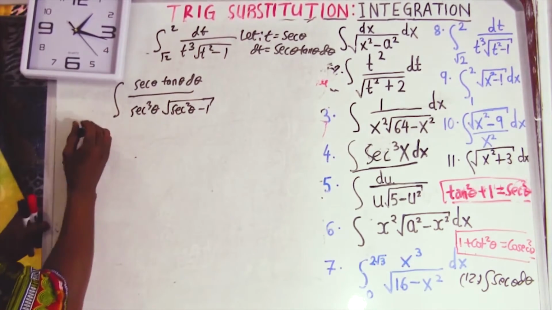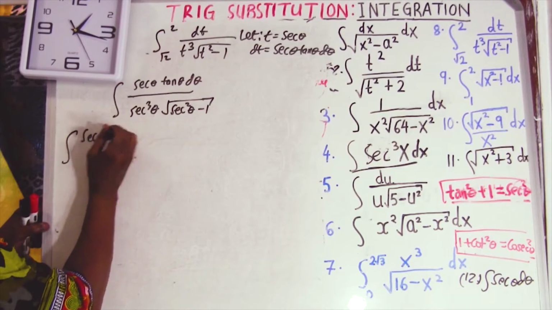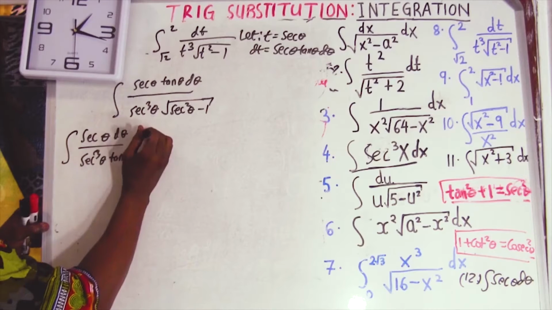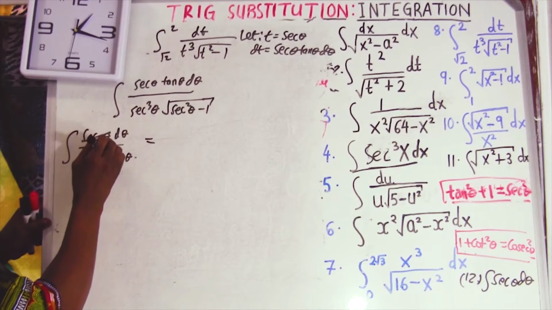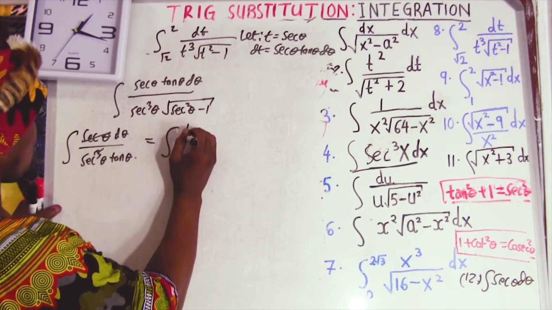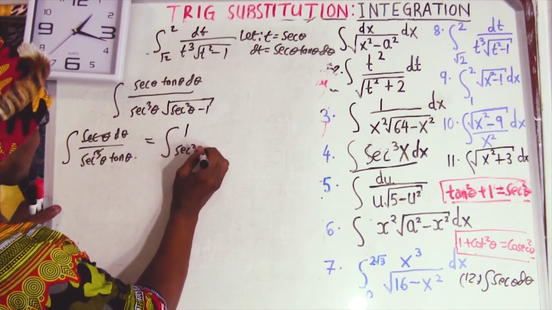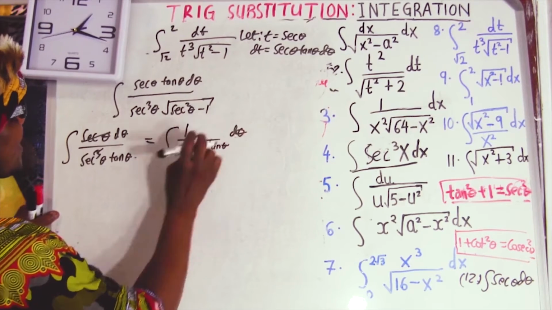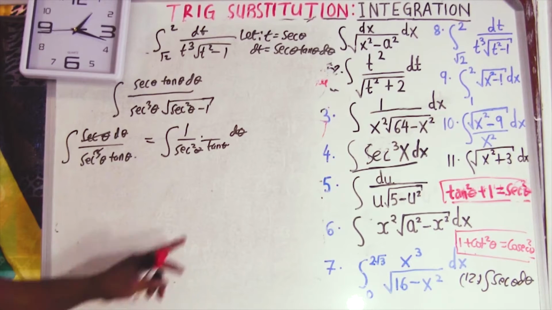So I can just say integral sec tan over sec cube tan. This and this one go to 1. Okay, so I want to say integral 1 over sec squared, and this is going to be tan over tan. I think I can simplify the sum here. What is tan?